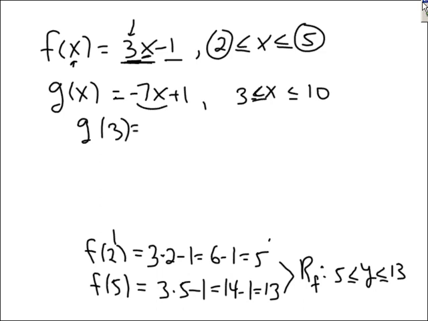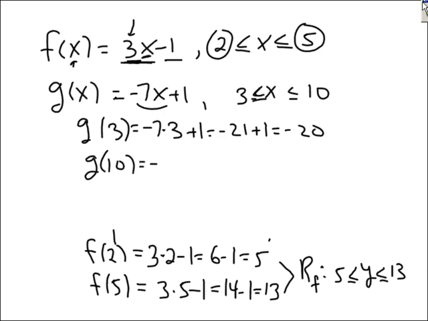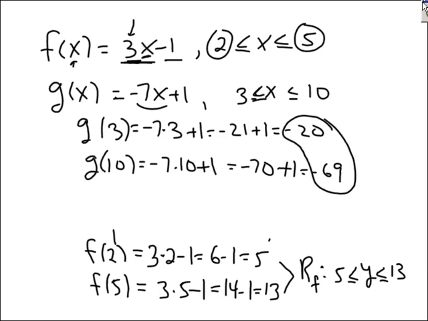That is, you multiply negative 7 by 3 and add 1. Negative 21 plus 1 is negative 20. And you compute g of 10, which is negative 7 times 10, which is negative 70, plus 1 is negative 69. The range goes between those two numbers.